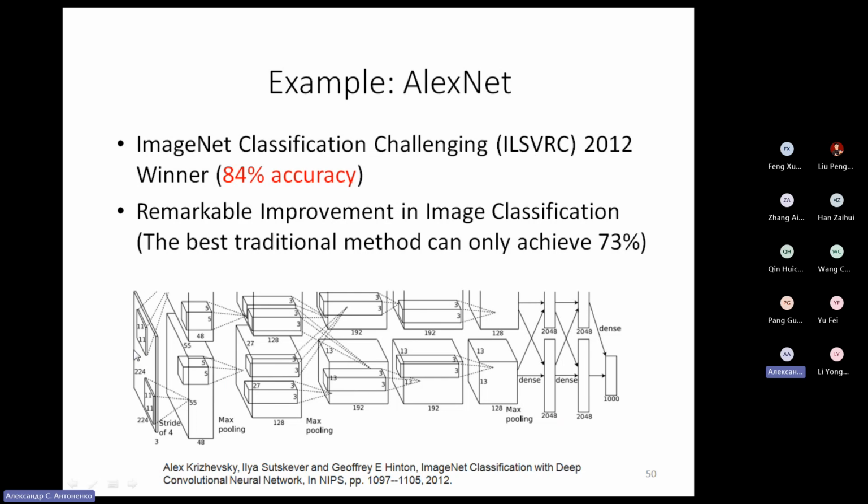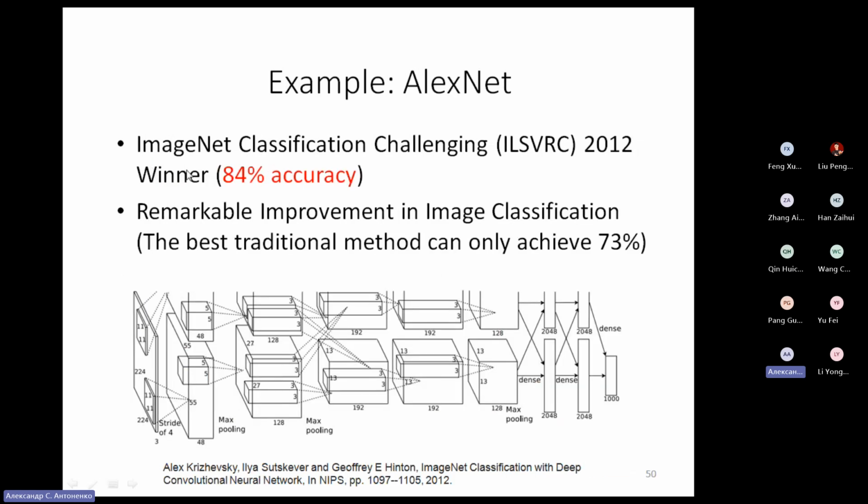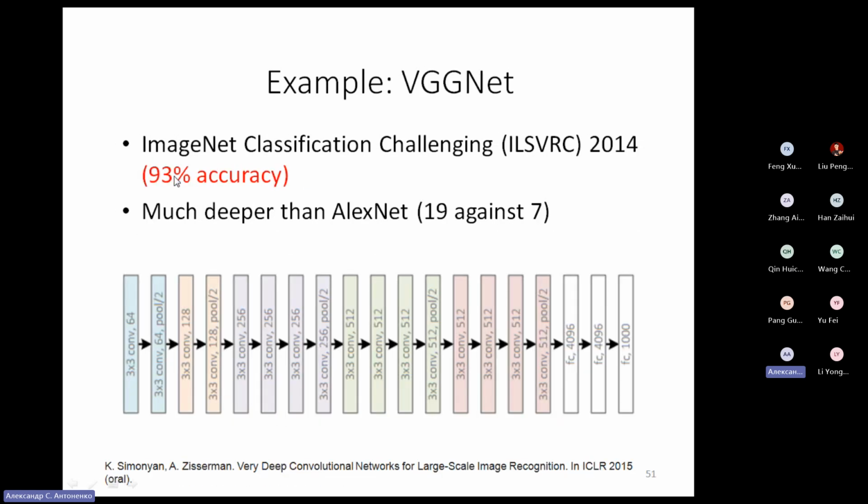So you can see that using these tools, with quite a simple structure, we can achieve quite a good result. VGGNet, a much better result. Not 84, but 93% on the same ImageNet data set 2 years later, also 10 years ago.